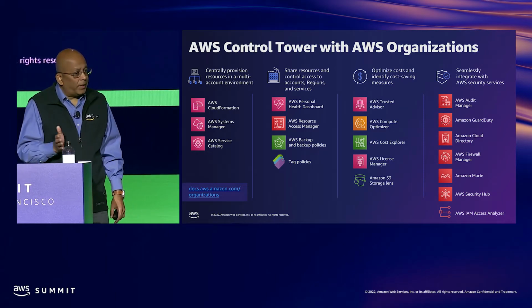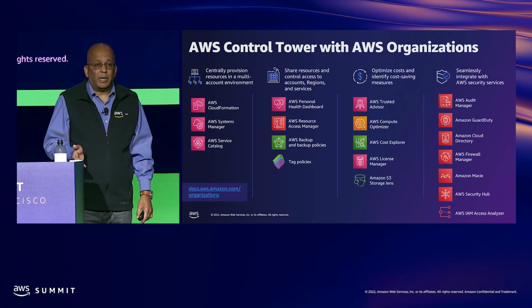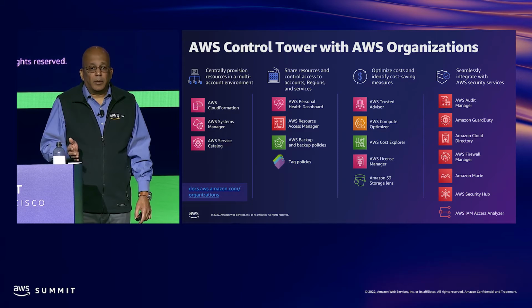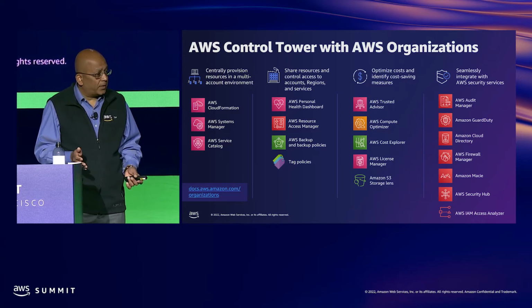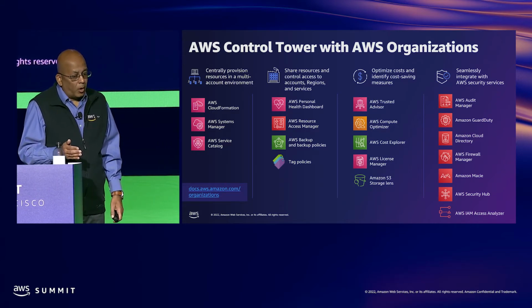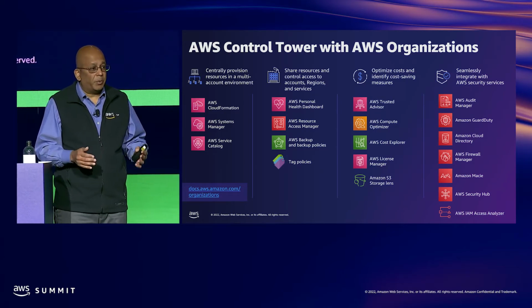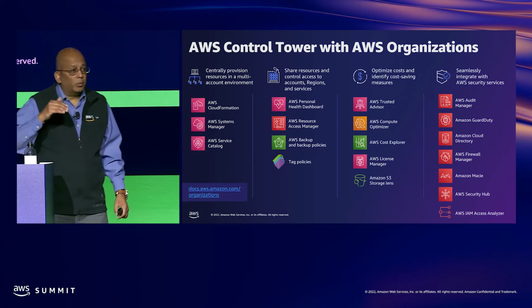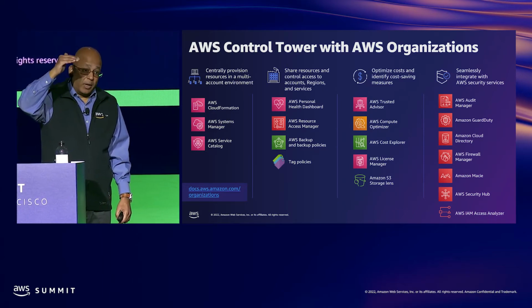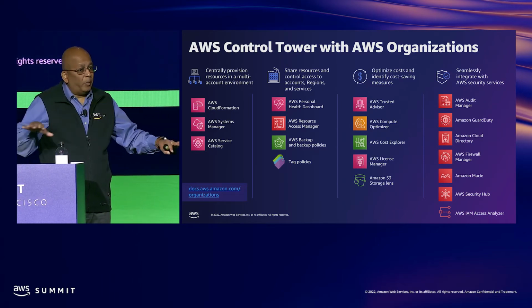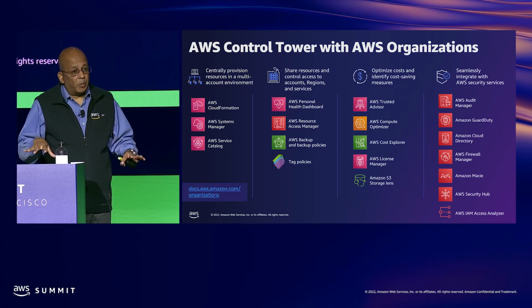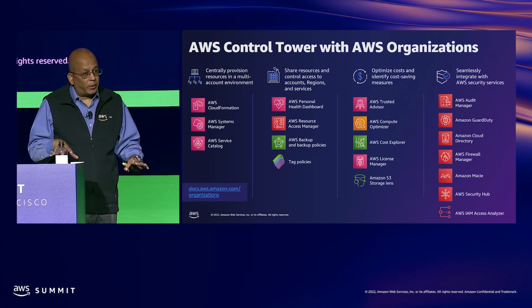And most importantly, it seamlessly integrates with our AWS security services. I'll talk about a few specific services in a little bit more detail, but these services are what we would call organizational aware, which means that I get to enable them at the AWS organization level, which then means that all my member accounts are then enabled, and I get to control that as well.